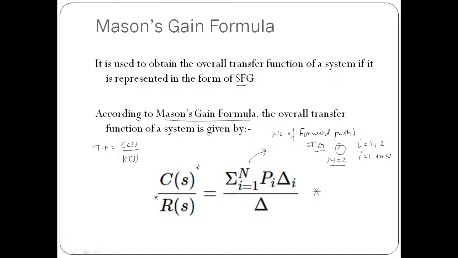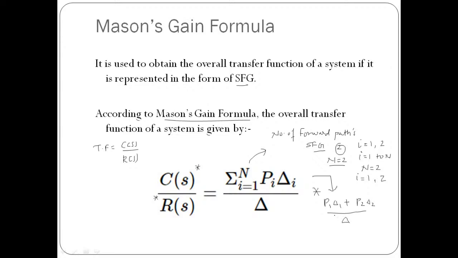So this formula is rewritten as P1 into delta 1 plus P2 into delta 2, whole divided by delta. That is important. I hope this point is clear to everyone.